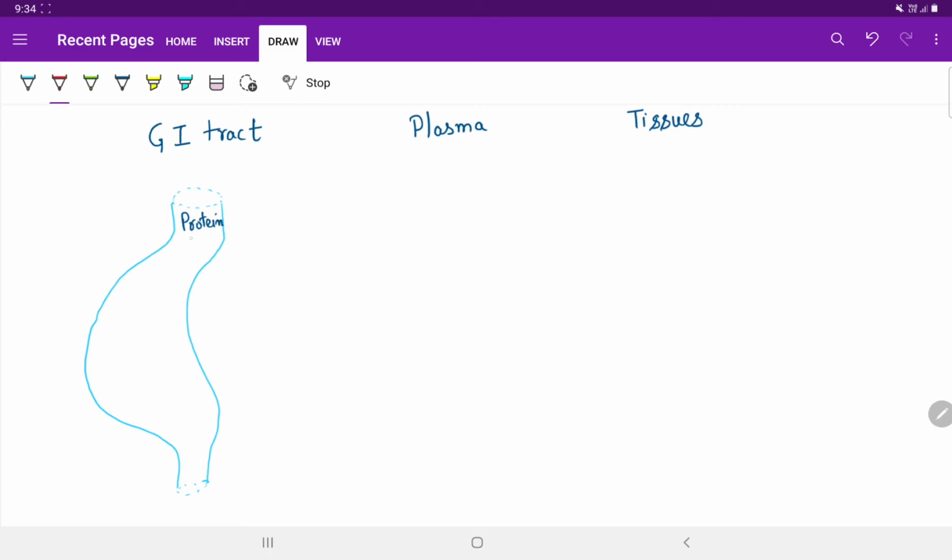So here you can see the protein is attached with vitamin B12. So this is transferred into the stomach, and inside it the protein gets detached, or we can say the vitamin B12 gets detached from it. And the protein part goes into the stomach and it is digested over there.